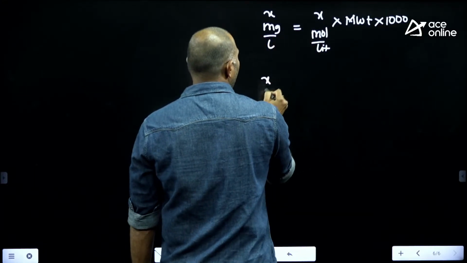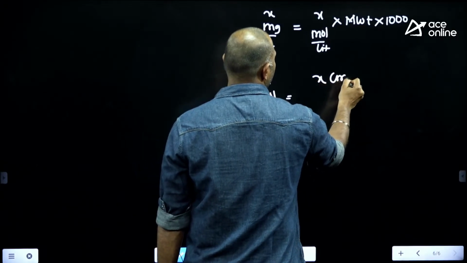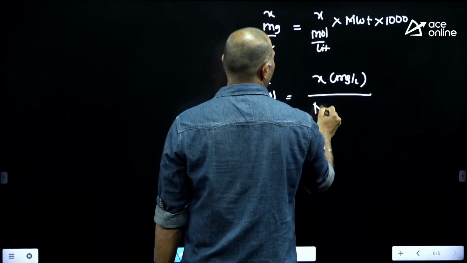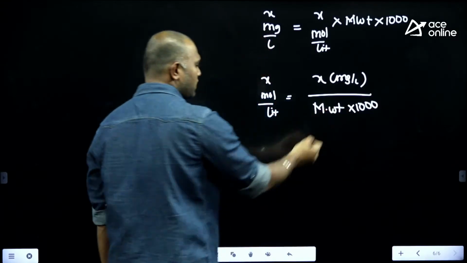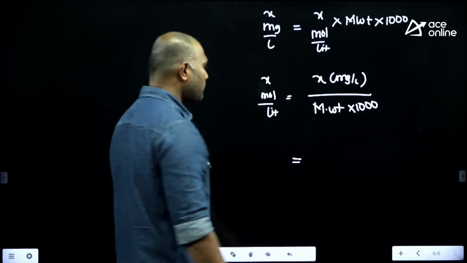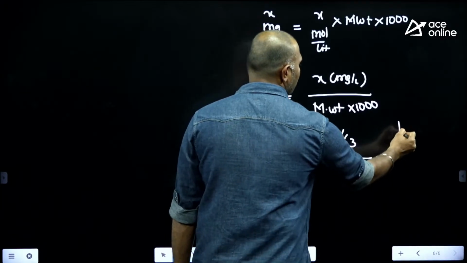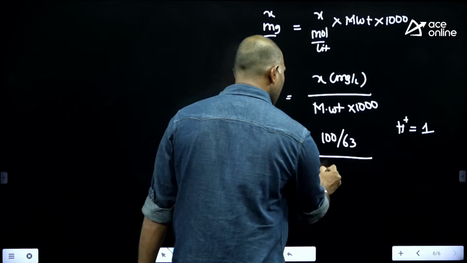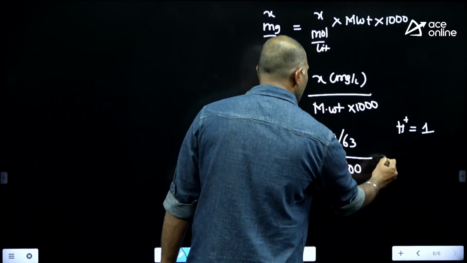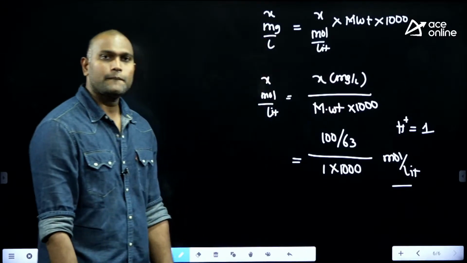So x mole per liter is x mg per liter divided by molecular weight into 1000. What is the x I have? 100 by 63. And the molecular weight of H plus is 1. So 1 into 1000, and you get this in mole per liter.